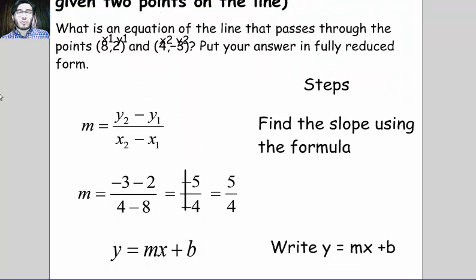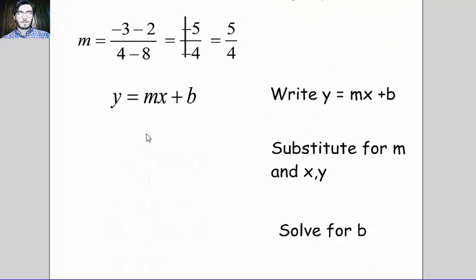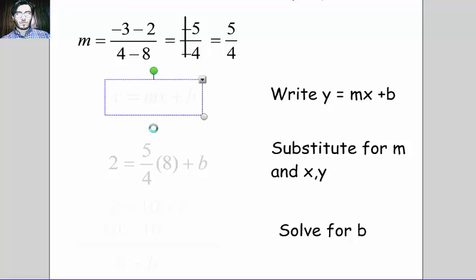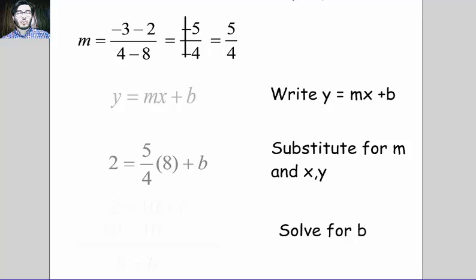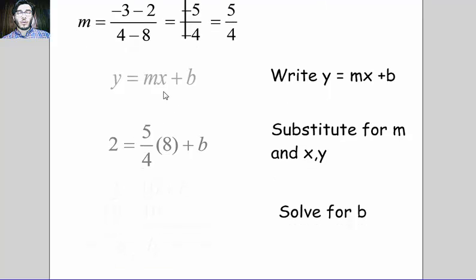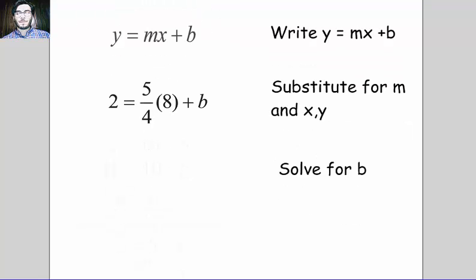Now you have 2 points to pick from. You can pick either the point (8, 2) or the point (4, -3). I picked the point (8, 2). So I substituted for x, I substituted for y, and I substituted for m. Now I have to solve for b.